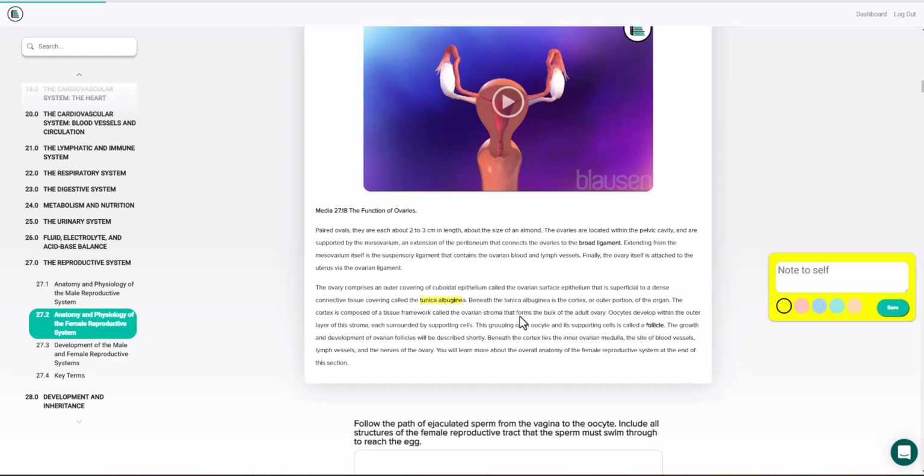And in the cortex, what you will find are a bunch of growing or baby, I'm going to use the word baby eggs. Okay, these are the oocytes. So all of the eggs that a woman will ever have are found in the cortex of her ovary.